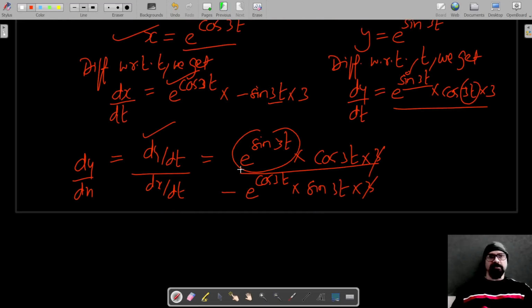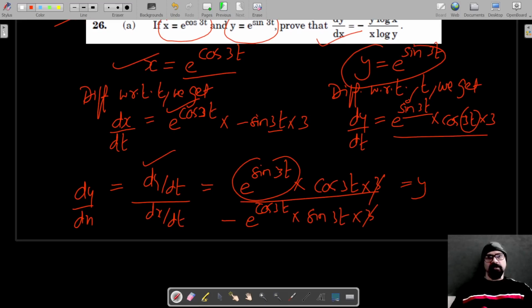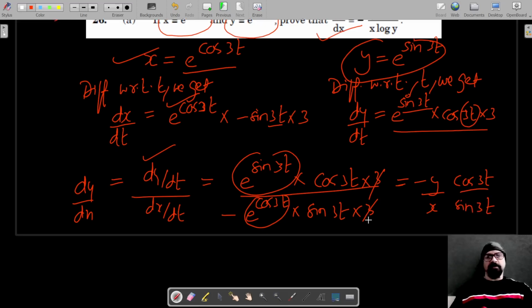Now e raised power sine 3t is y, so this is replaced with y, and let me put the negative up. So this is equal to negative y, and e raised power cos 3t is x. Now this is cos of 3t upon sine of 3t.